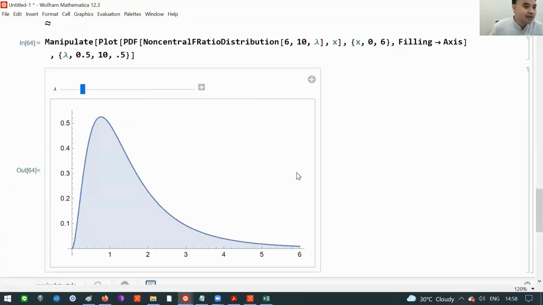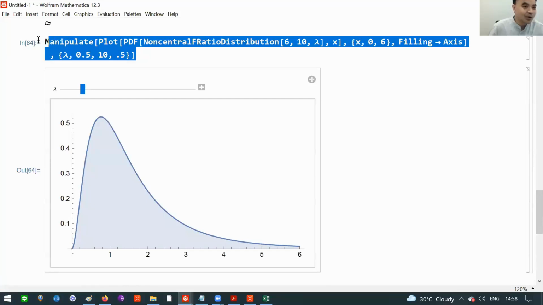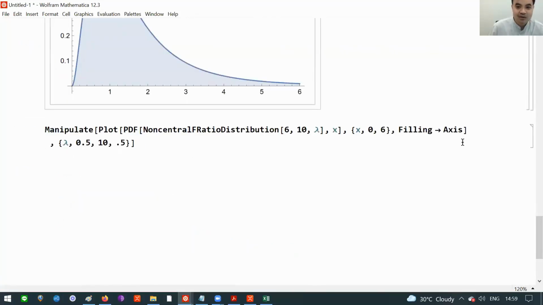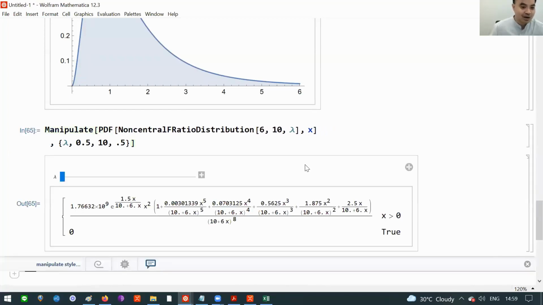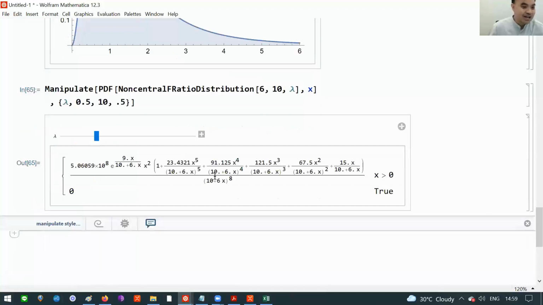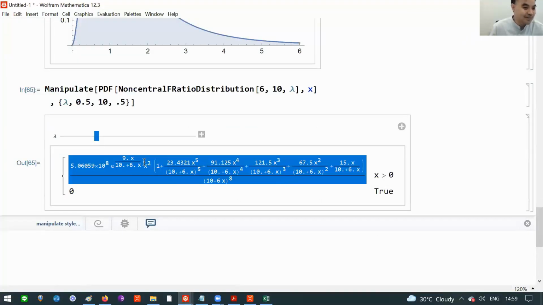Now, I don't want to plot. I just want to have the value. Can I do that? Okay. That's the value. This is actually the calculation being done.